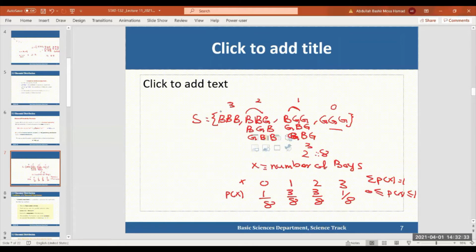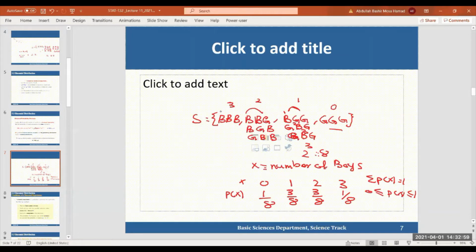So how do we find these three outcomes for getting 1 boy? The boy can be the first one, the second one, or the third one. So this 3 is the number of outcomes of getting a boy in different order.